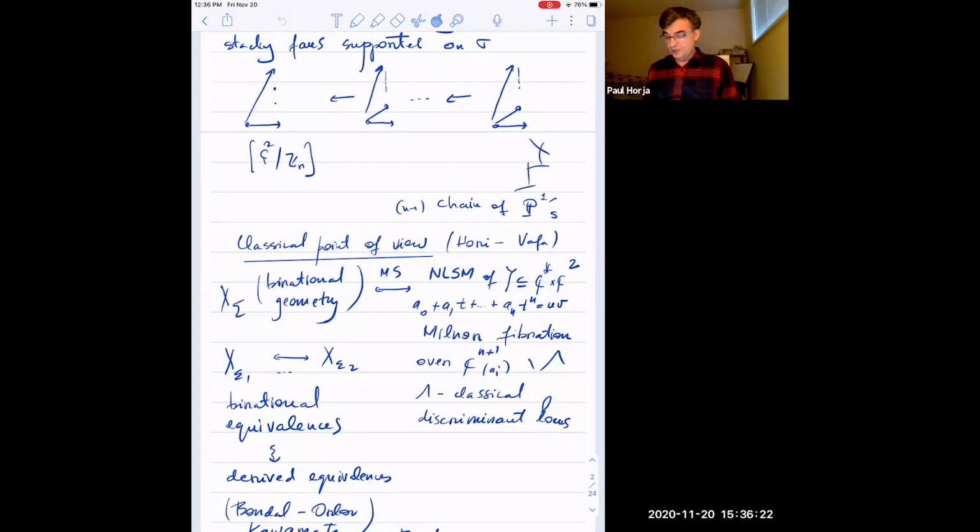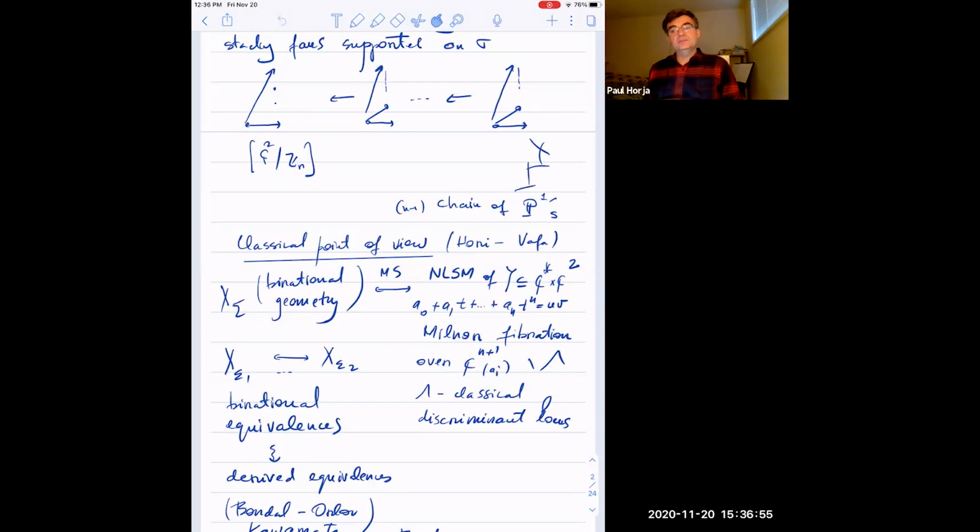It essentially boils down to taking polynomials of degree n in one variable, where u and v are some kind of dummy variables in order to obtain a mirror of the right dimension.